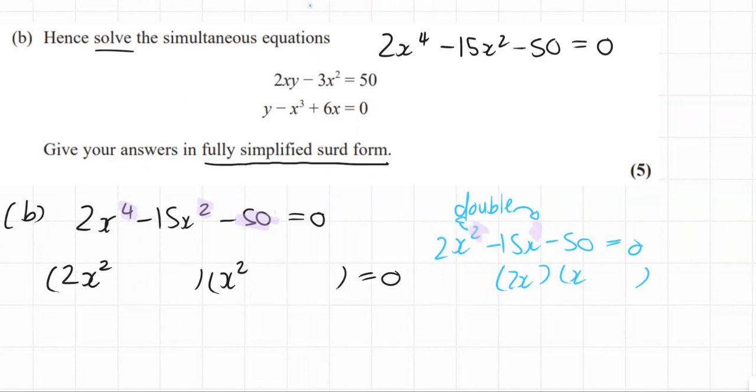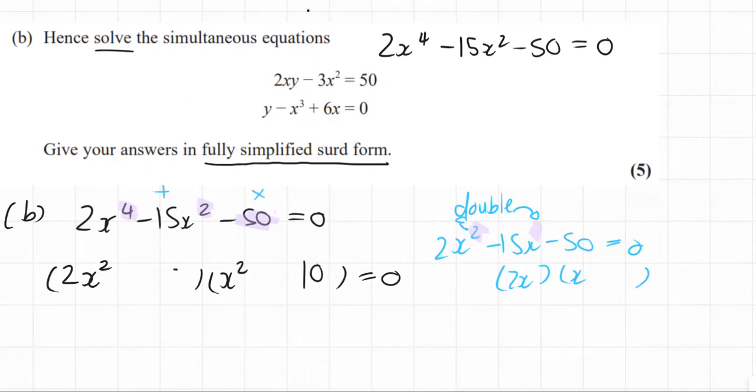Then we look at factors of 50. Well, I see 15 in the middle, and I already think 5 and 10. That has to plus together to make the middle term, and times together to make the third term. So we have 10 and 1.